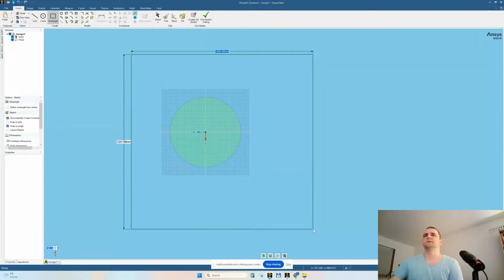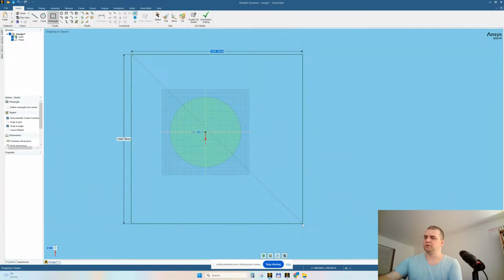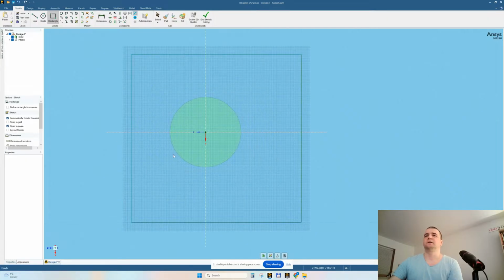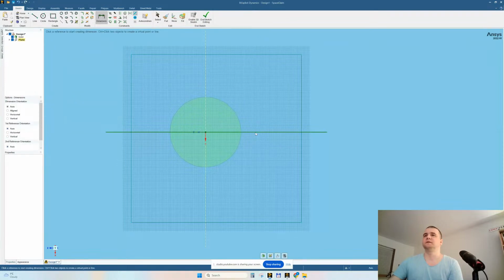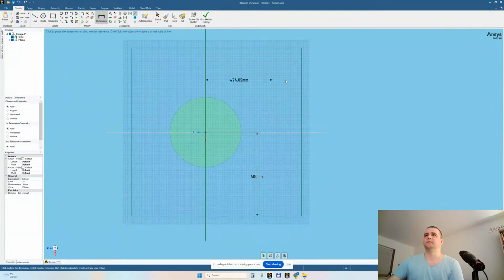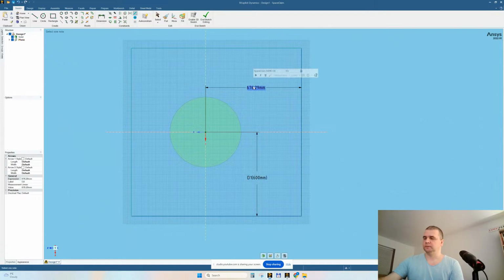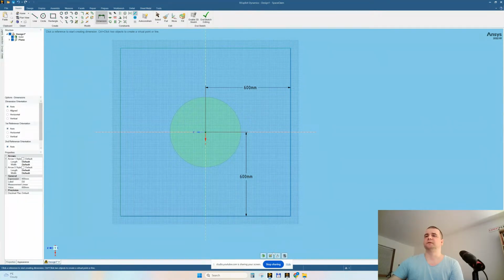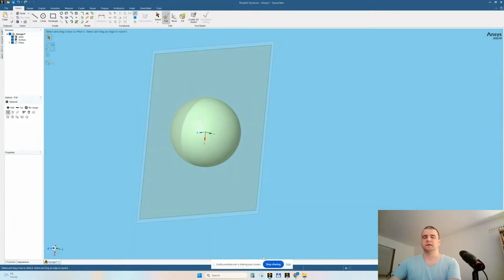Maybe keep the square approach. 1200 here, I press tab, then 1200 here, and it is a square. It's not perfectly centered. Let's make it symmetrical. This means here we should have 600, and here again 600. Now it's perfectly centered. The sphere is perfectly centered.